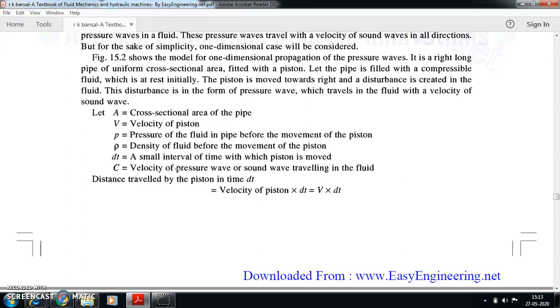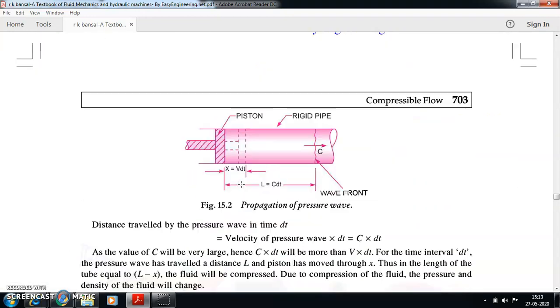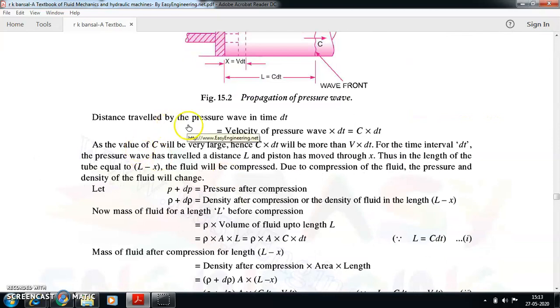Coming to the basic velocity equation, velocity is distance by time, so distance will be velocity into time. The velocity of the piston, we have put as capital V. So V dt is the distance traveled by the piston in a small time dt. Next, the distance traveled by the pressure wave in the time dt is the velocity of the pressure wave, c, into dt.